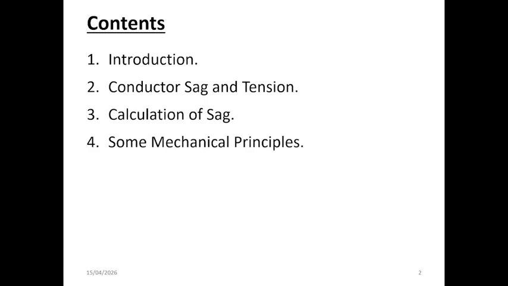Next, the section focuses on conductor sag and tension, which are key factors in determining how overhead conductors behave between transmission towers. Understanding the balance between these two concepts is essential for maintaining safe clearances and preventing any mechanical failure.